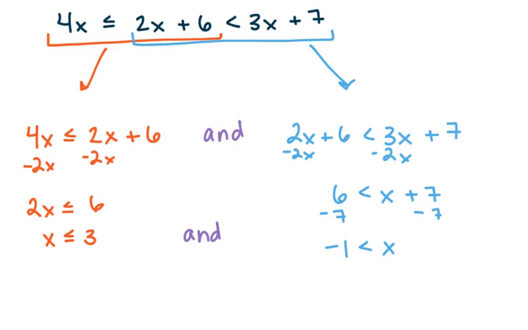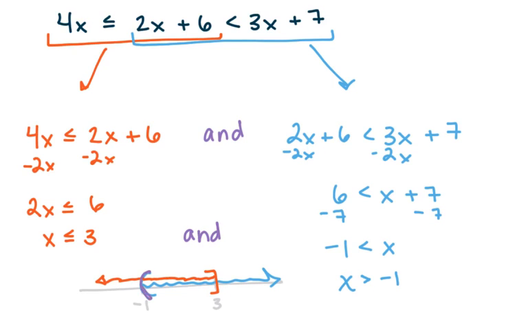And of course, that's a little bit difficult for us to read, so that's the same as x is greater than negative 1. So if we look at graphing each of these, negative 1 on the left and 3 on the right, greater than negative 1 goes to the right, and then less than or equal to 3 goes to the left.